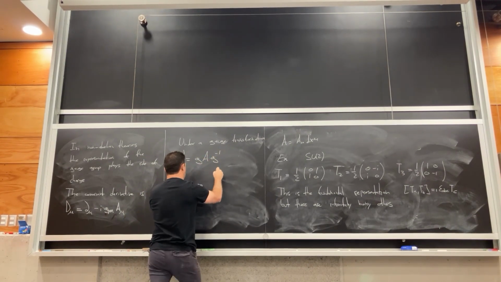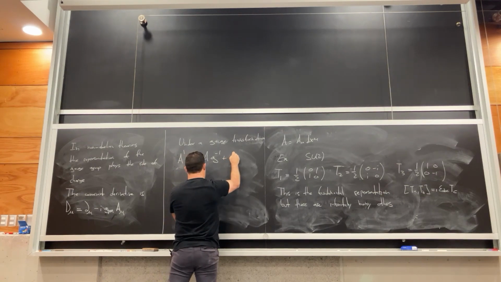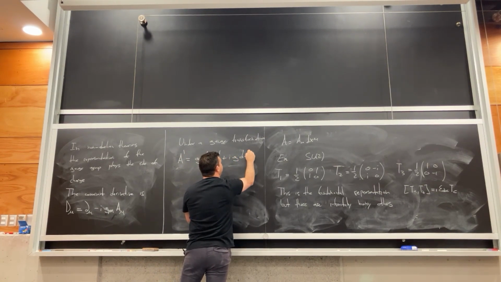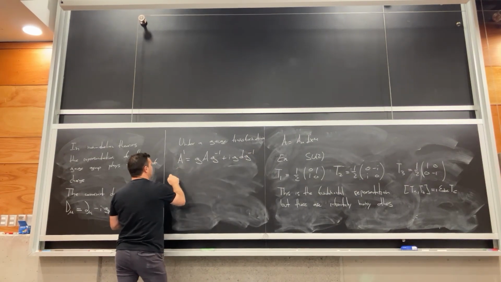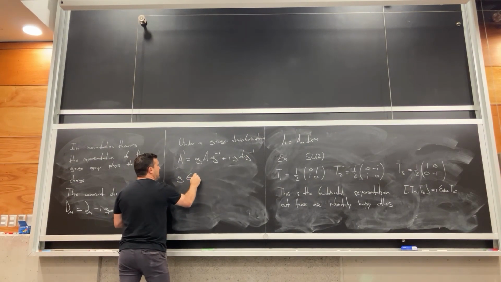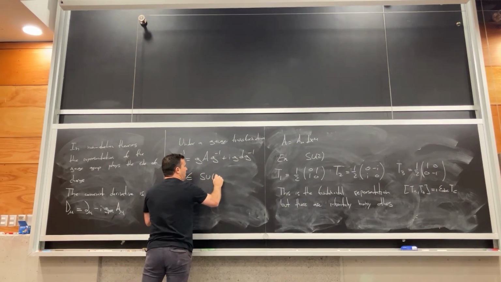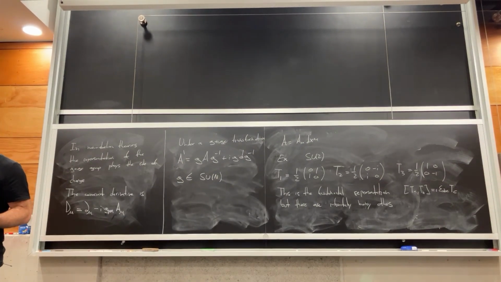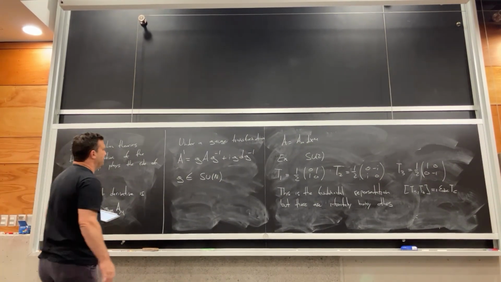Hopefully I got the coefficients right. Okay, so over G, let's say, I'm going to just think of SU(N) completely. It could be any Lie algebra you want. Okay?